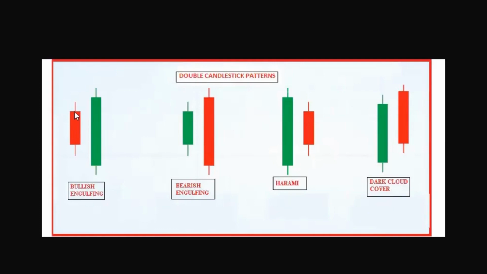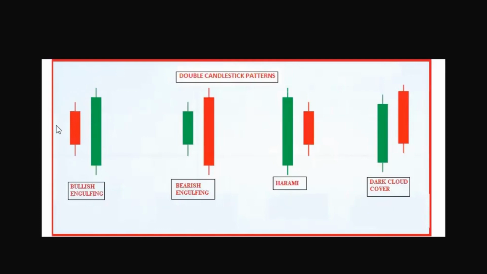Because although this candle was bearish, now they closed above the high of the previous candle, which means in the previous candle bulls were not even able to pass this point, and now they have closed the candle above this point. So this is a very bullish pattern. That is why it is called bullish engulfing, because this particular candle is engulfing, eating up the previous candle.